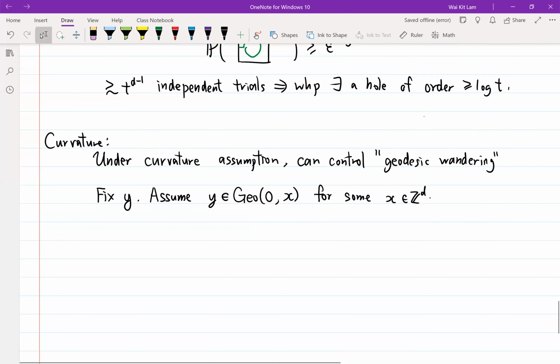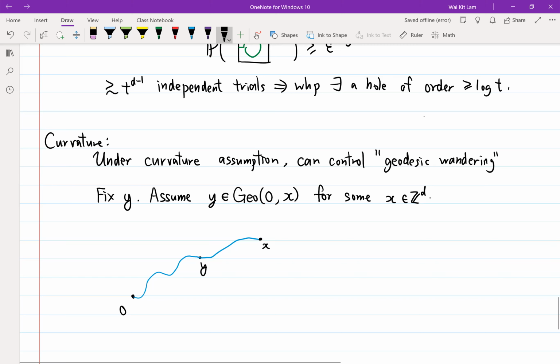Okay, so let me draw a picture. So this is the origin, and y is here, and perhaps it then lies on some geodesic that ends at x. Okay, so assume that y is on such a geodesic.